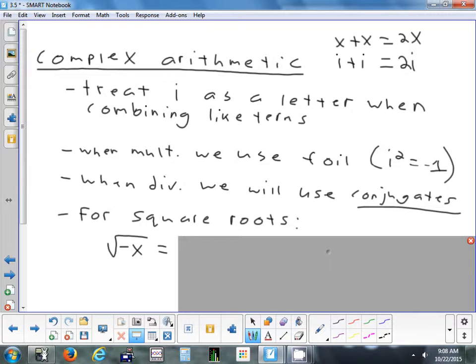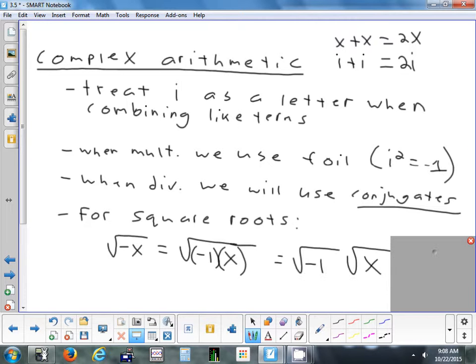If you've got to take a square root of a negative x, where x is a number, we'll do some examples with numbers in a minute. First thing I do is just rewrite what's under the square root like that. Does everyone agree that -1 times x is -x? It's the same thing. All I did was rewrite it. -1 and x. And then because I wrote it as two separate things, you can split it apart.